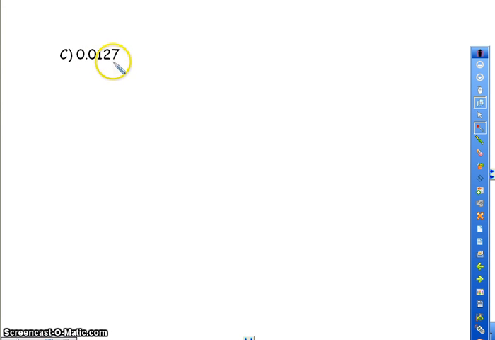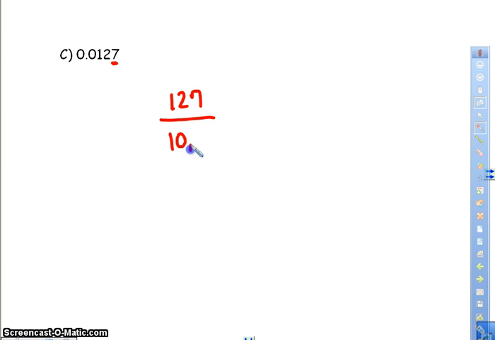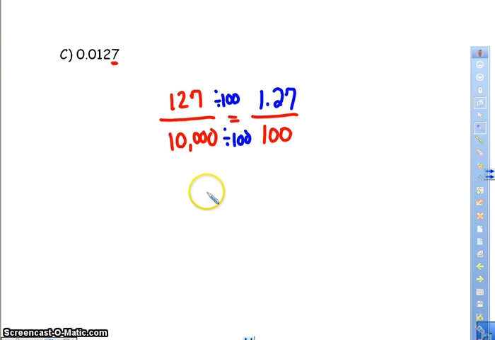Now this one is in the 10,000 spot, so I'm doing 127 over 10,000. And like we keep saying, we want this number to be 100. So we can divide, not by 10 this time because that would give us 1,000, but by 100. 10,000 divided by 100 is 100, and 127 divided by 100 would give us 1.27.